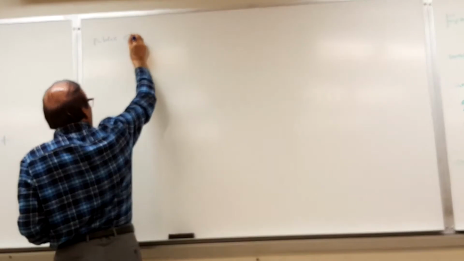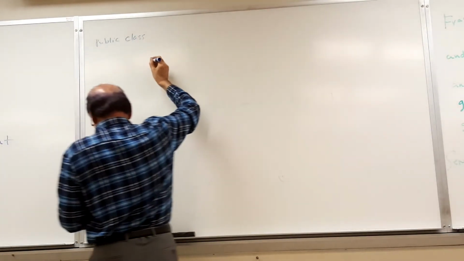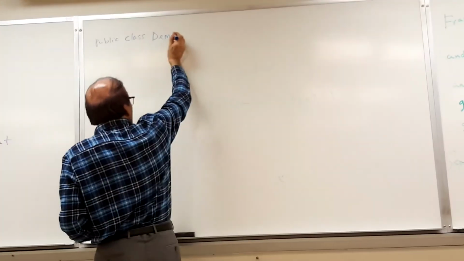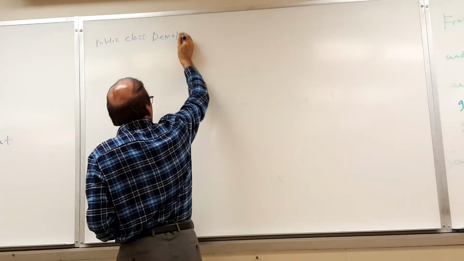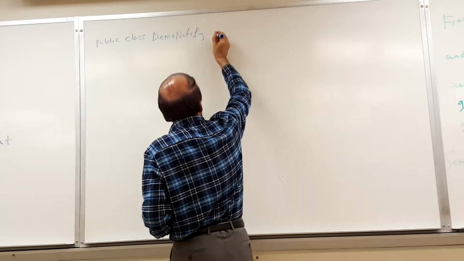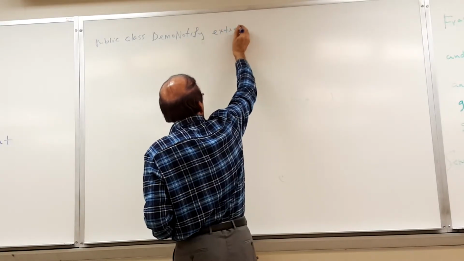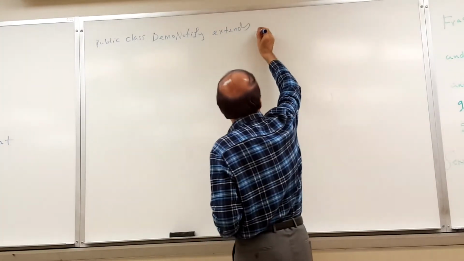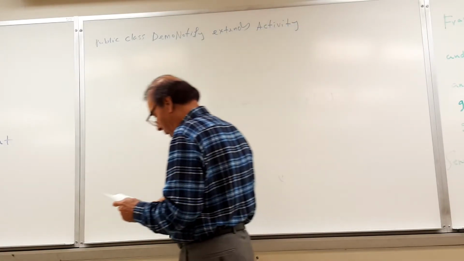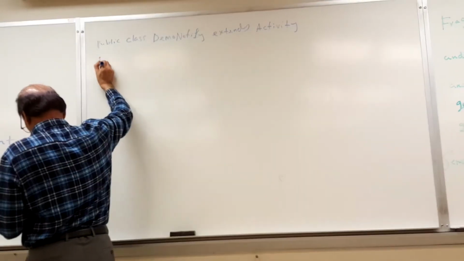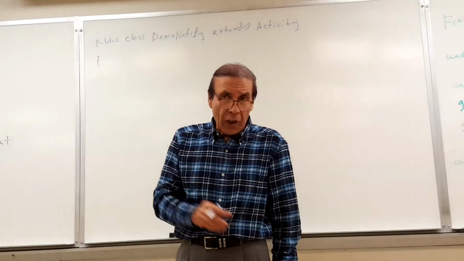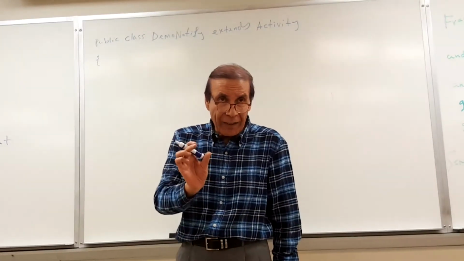So I get into public class DemoNotify extends Activity. Whenever you are creating any notification, you need to create a notification ID, okay?